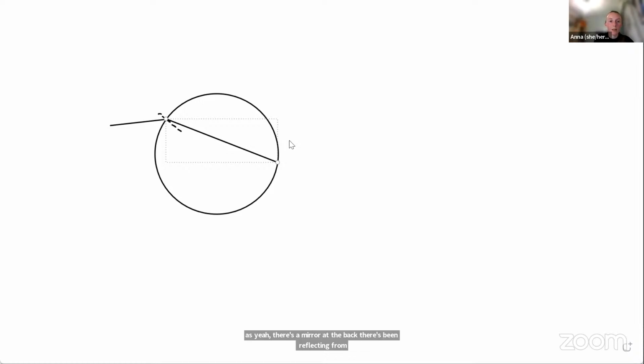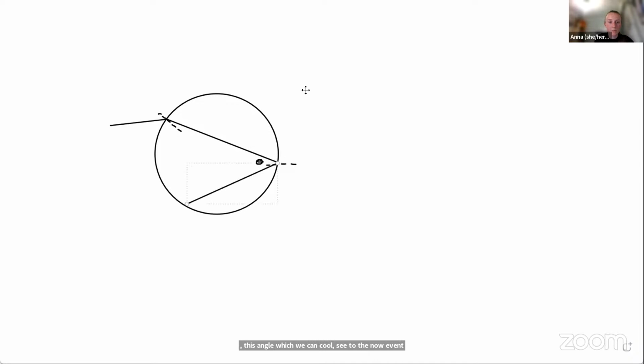So that means that if we draw the normal here, this angle, which we can call theta for now, it then also emerges at theta. And with only one reflection, we're then going to get it bouncing out of the glass here. So now which way is it?